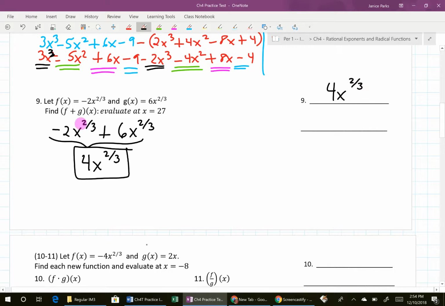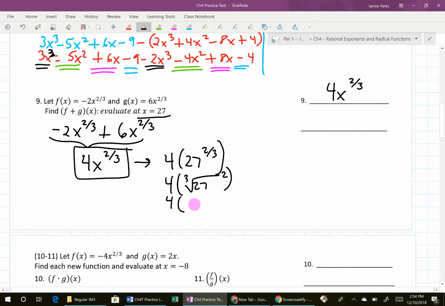Nothing happens to the exponents. Then we're going to evaluate at 27. So it's going to be 4 times 27 to the 2/3, which is 4 times the cube root of 27 squared, which is 4 times 3 squared, which is 4 times 9, which is 36.